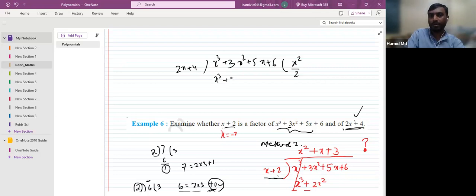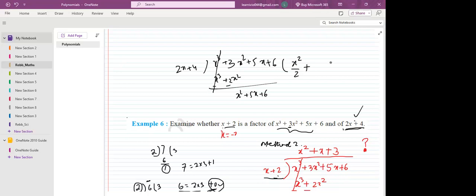From here, x square by 4 divided by 2, you will get 2x. Again, subtract this. This will get cancelled. We will get x square plus 5x plus 6. Again, we have to get positive x square, so we will multiply x by 2.